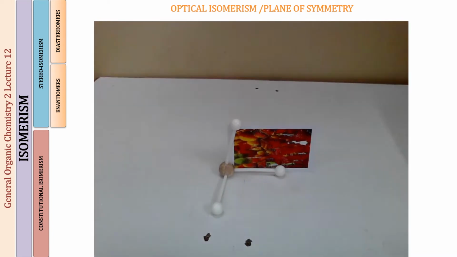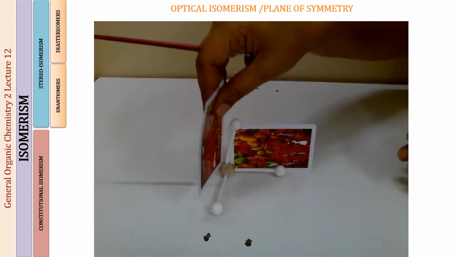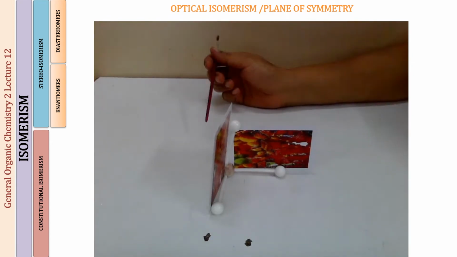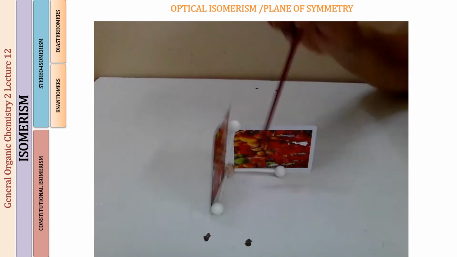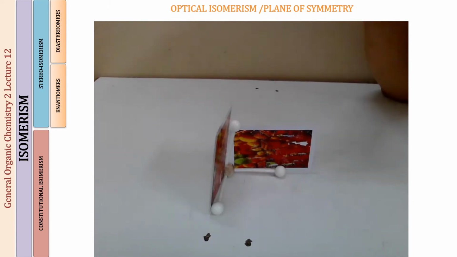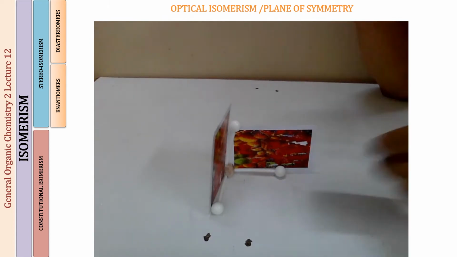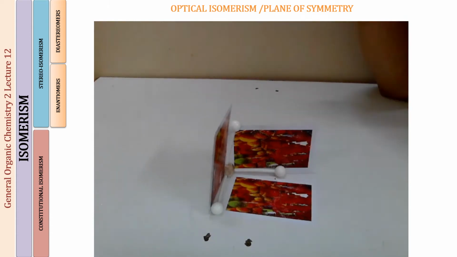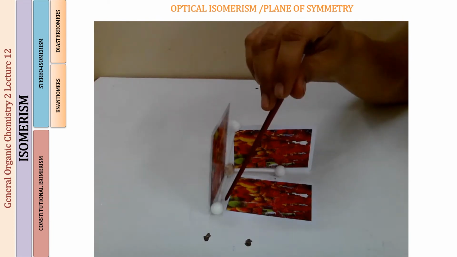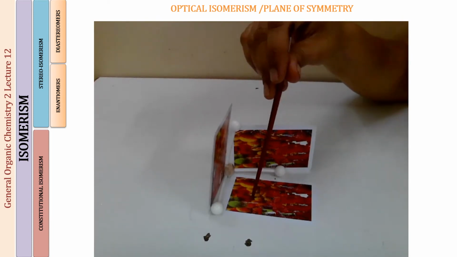If I take another plane, I have placed it along the z-axis and along the y-axis. So this is my yz plane. And one I am going to place on the floor of the table, along the x-axis and along the z-axis. So this is my xz plane.